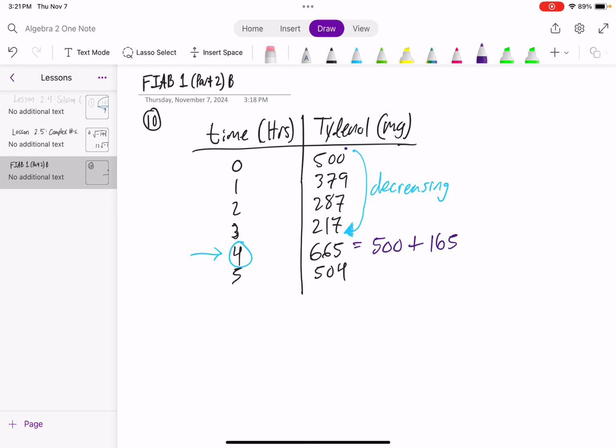The first dosage was 500, right? How much time until you get a dosage of 100 milligrams?